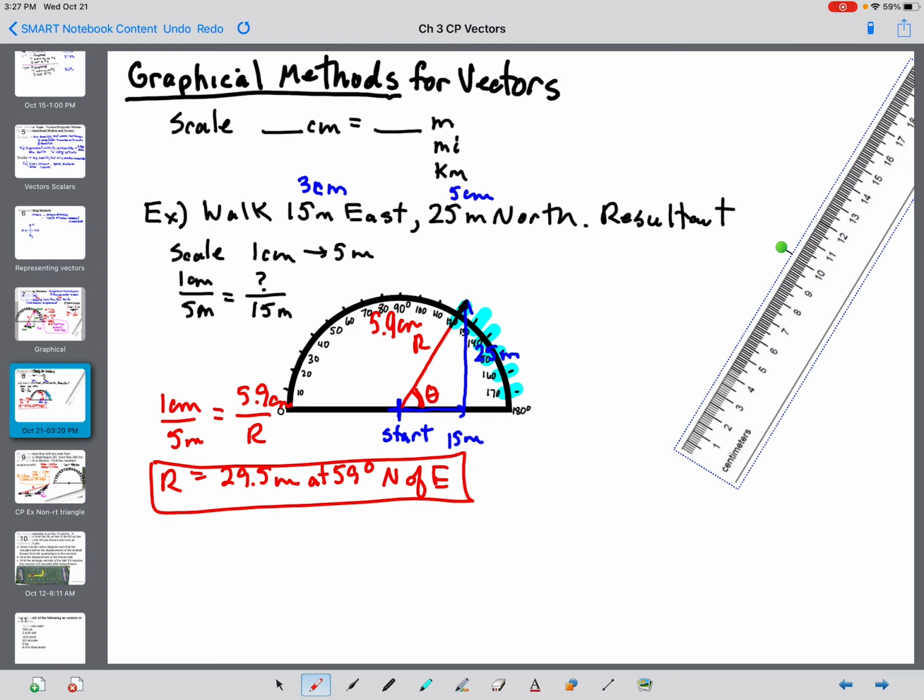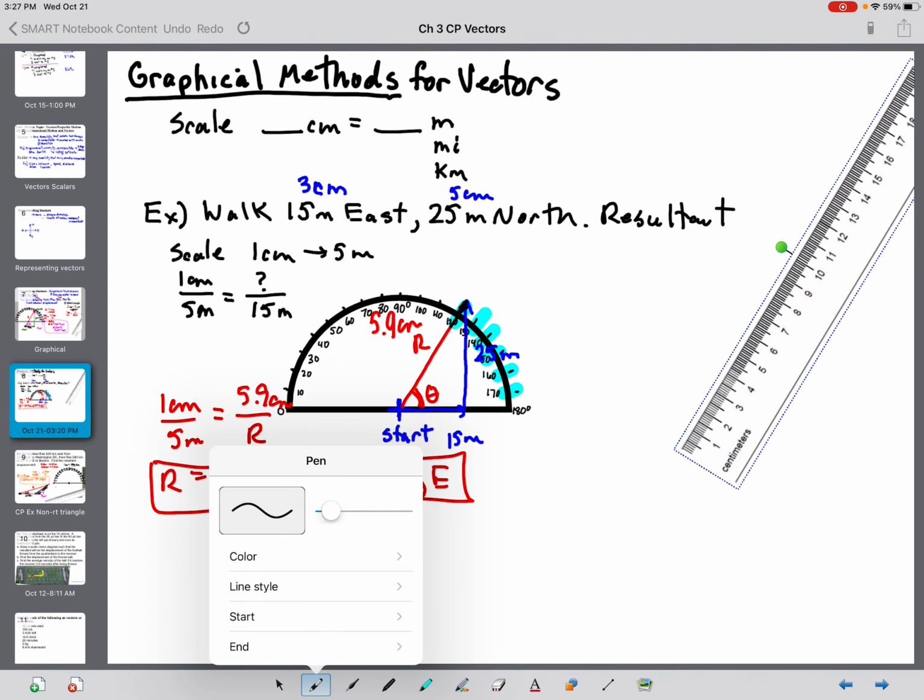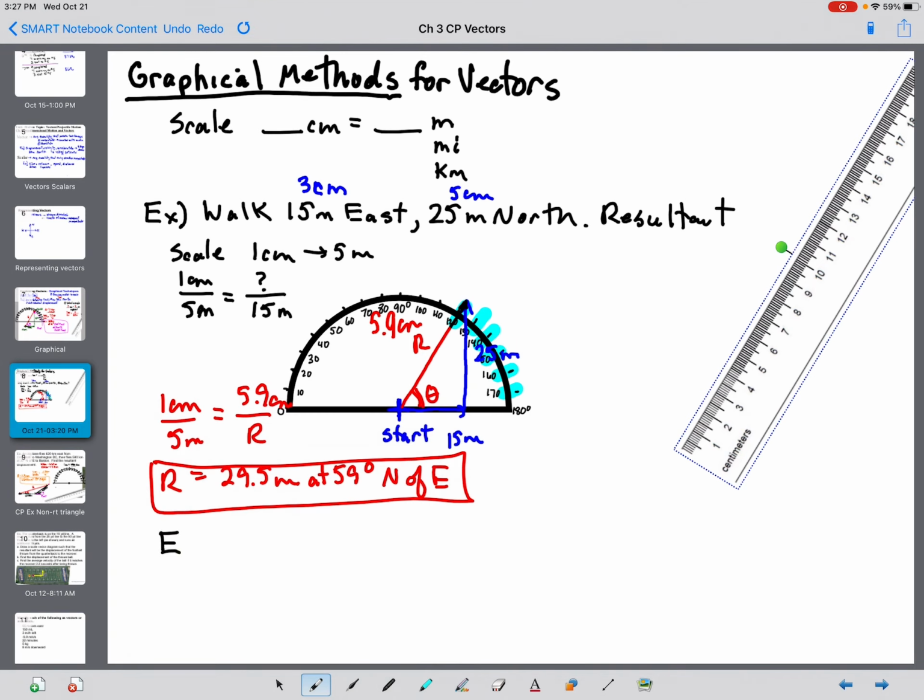By the same idea, if we look at another example, actually, let me use a different value so we can use a different scale.